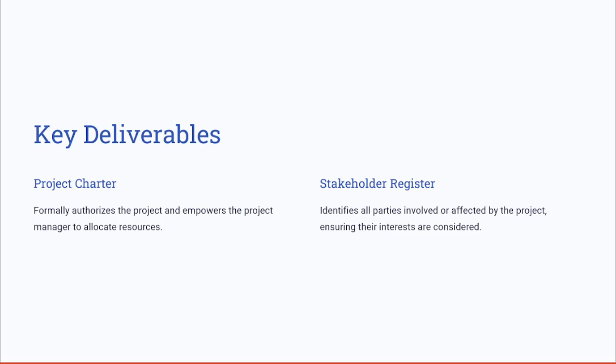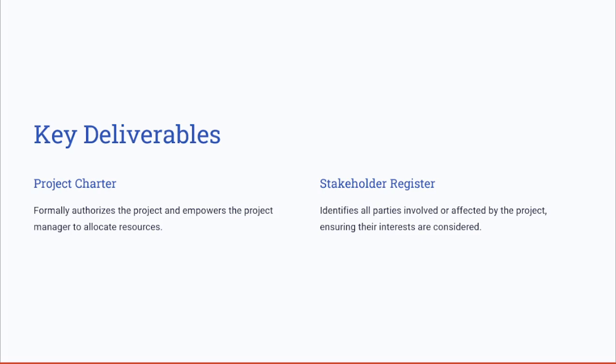Two critical outputs for the initiating process group are the project charter and the stakeholder register. We're going to explain each of these, the project charter and the stakeholder register, as the key processes under the initiating process group.